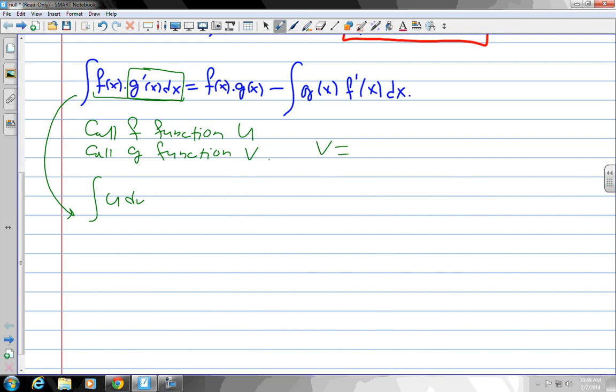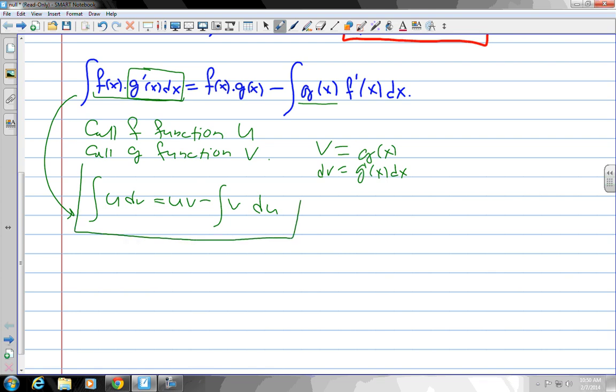If v equals g of x, then dv equals g prime of x dx. Right? So the integral of u dv equals the product uv minus the integral of v du. Okay? This is just a way to relabel things.